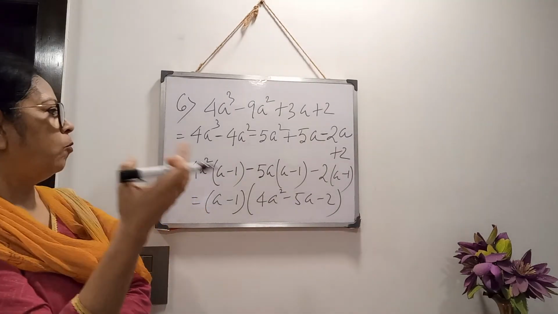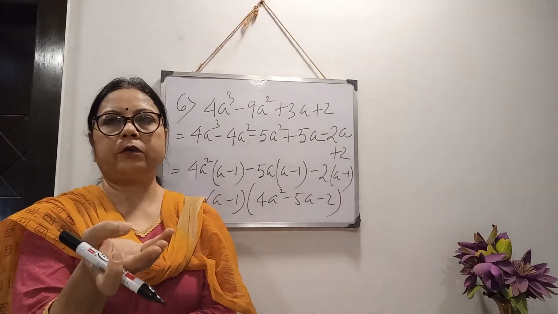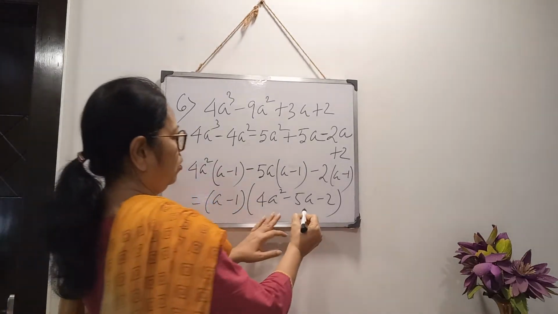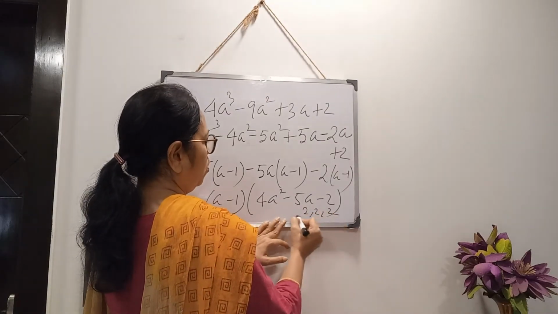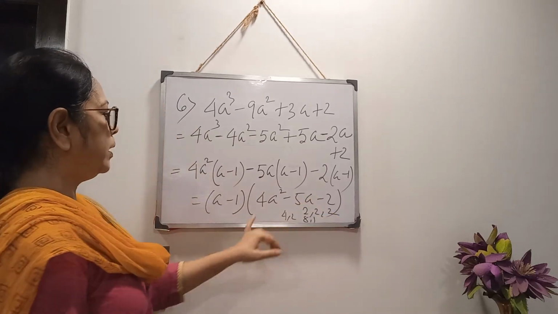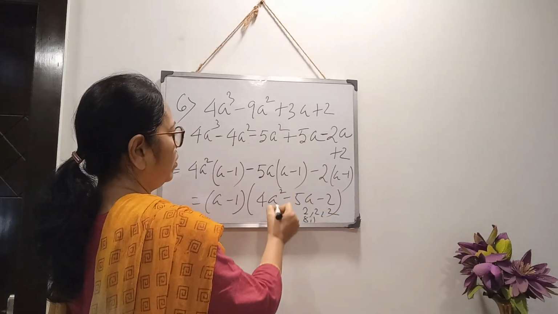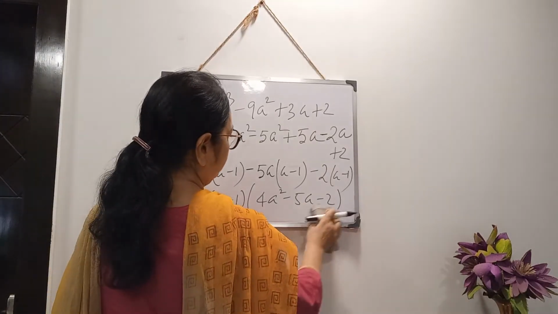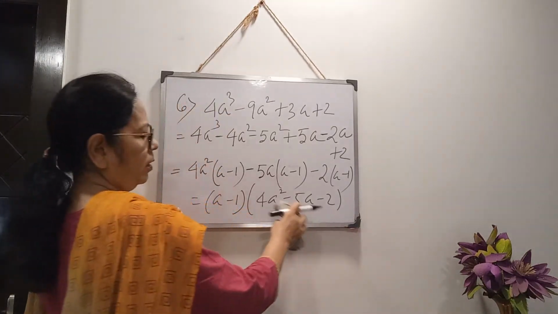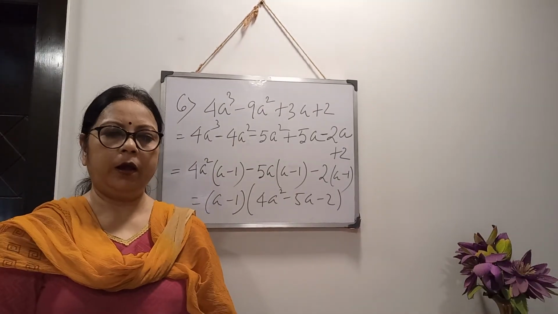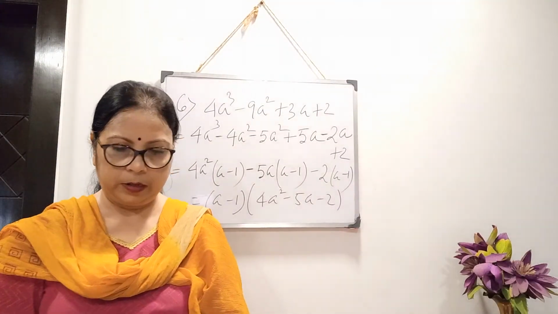What are the factors of 8? Factors of 8 may be 2 2 2, or 4 and 2, or 8 and 1. By using this you will never get 5. So our factorization is completed here. Clear? This is called the vanishing method or zero factor method.